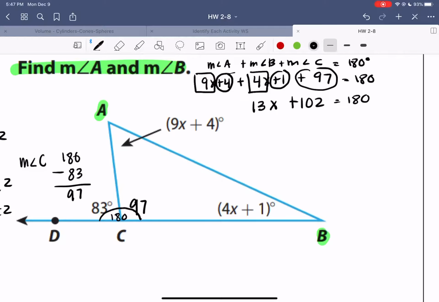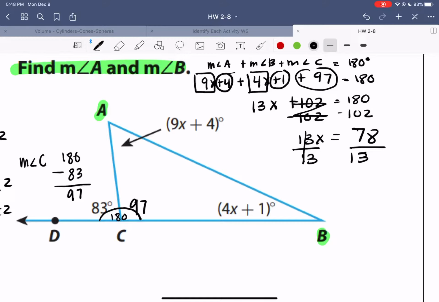So from there, we're going to subtract 102 from both sides. That will become 0. We'll be left with 13x equals 78. And then in order to find x, we'll have to divide both sides by 13.